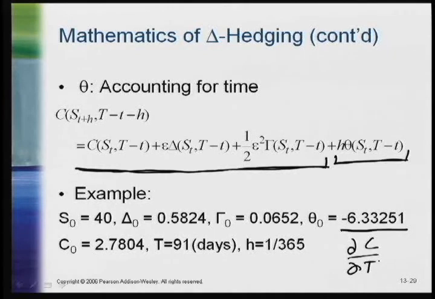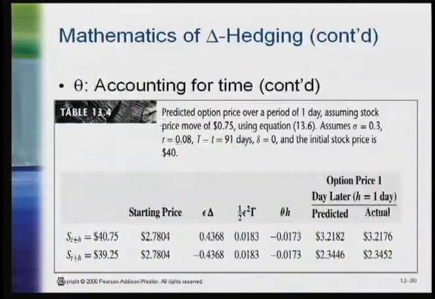So this 6.33 is way too big to be used for a one-day theta. And what we want to use in this case, of course, is theta times h. That's what we see here, theta times h. And so we'll divide this negative 6.33 by 365, and we'll get almost 2 cents, a negative 2 cents.